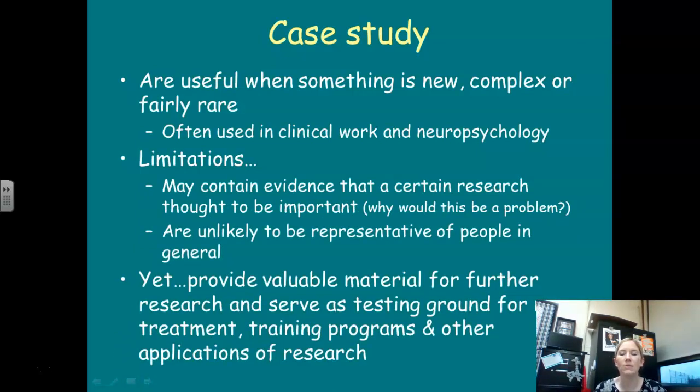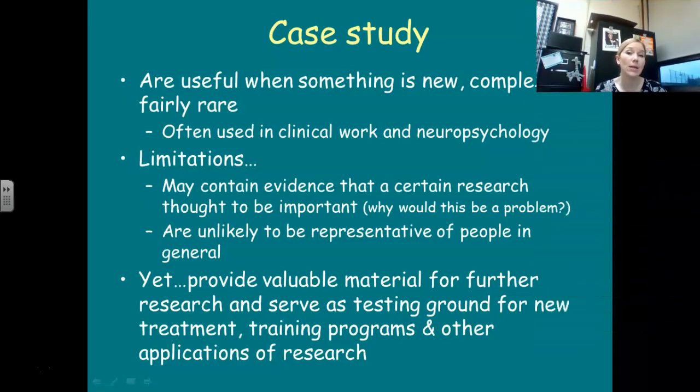Okay, so it lacks in representativeness. You can't generalize the finding of what's done for one person in a case study and apply it out to every single person within the human species. At the end of the day, though, it does provide some pretty valuable material for us to complete further research later on in experimental settings.